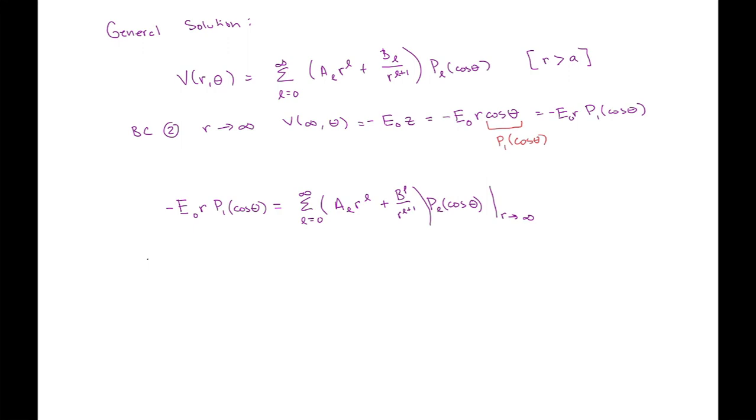Okay, for this boundary condition, I can actually neglect this second term here and rewrite my general solution as something simpler, because that term is going to go to 0. So as r goes to infinity, this term here is going to go to 0. So I'm going to rewrite my general solution without that term, and I'm going to use that to figure out my other constant.